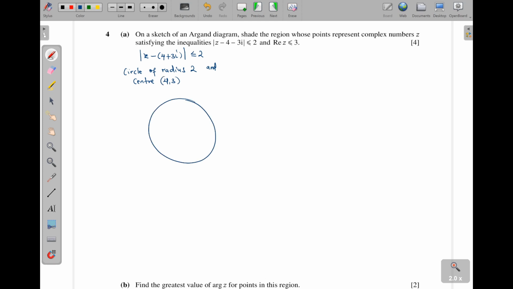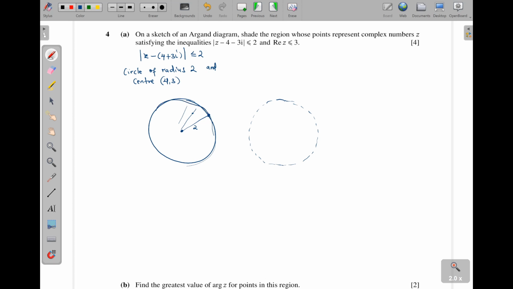Now when we draw that circle, the circumference is going to be bold. Why? Because it is less than or equal. If it was less than, then we would have drawn the circumference dotted. Every point inside the circle is considered because of the less than, and also a point that is on the circumference of the circle, which is exactly 2 units from the center, is also considered.